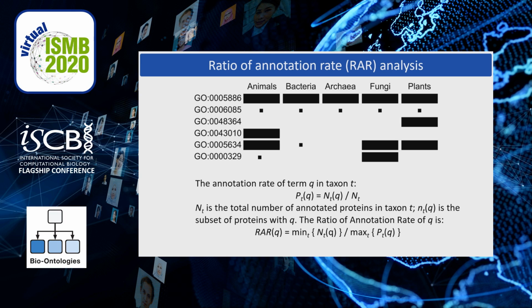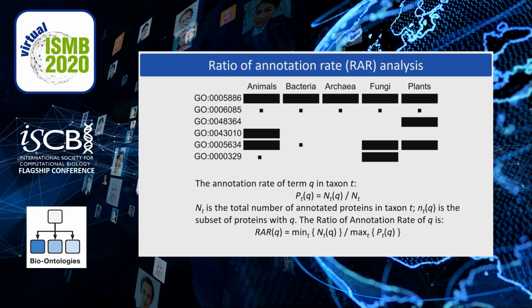Finer grain classifications, such as vertebrate versus invertebrate, are also possible. Then, for every protein function shown on each row, we calculate the portion of proteins that are annotated for this function among all proteins in this taxon, as calculated in equation 1.